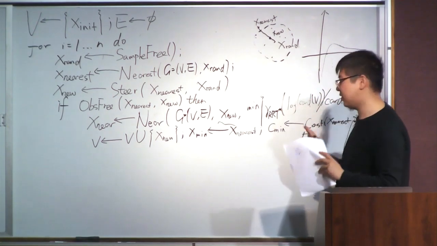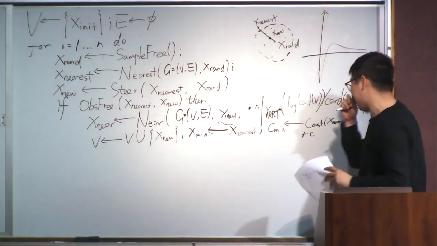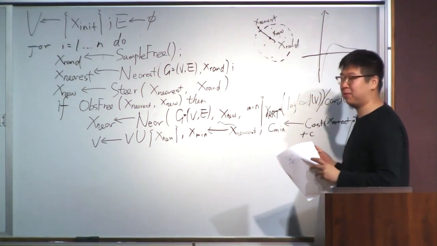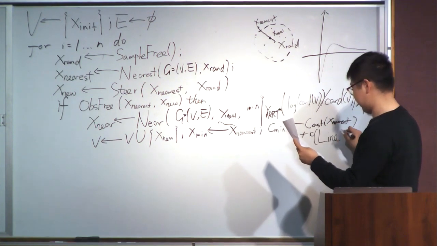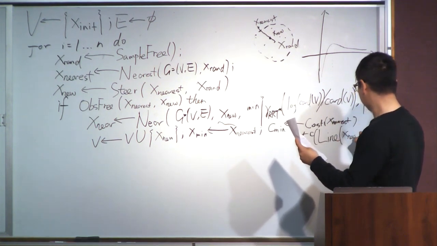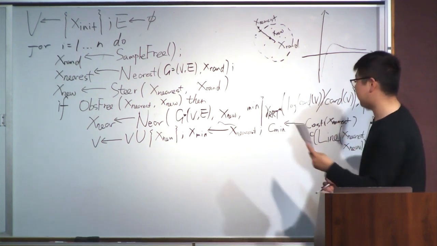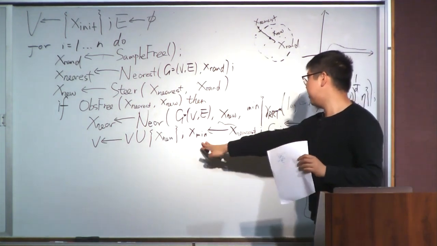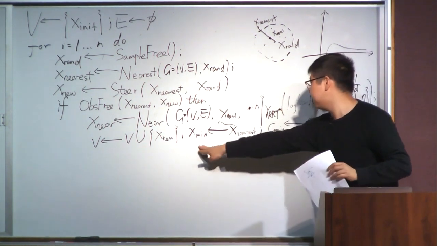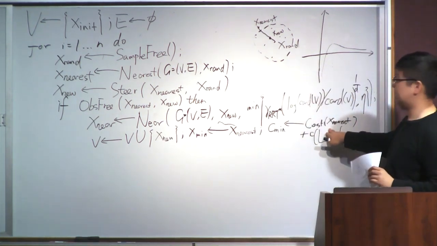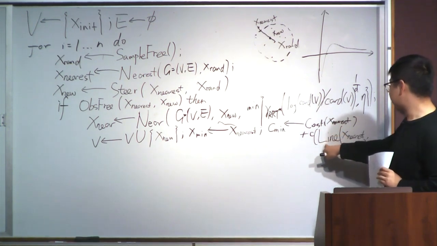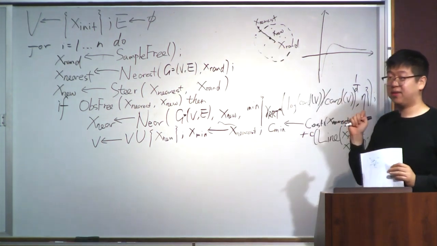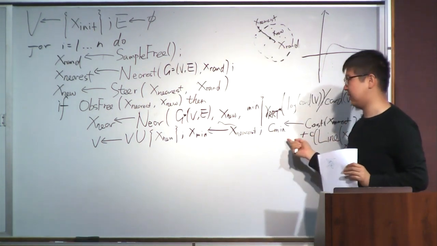If you cannot see this, you can always go online and check the next slide, but I'm writing this because I want to explain it to you step by step. Here we assign x nearest to x min, and we assign c min the cost of x nearest, that is the cost from the starting point to x nearest, plus the cost between x nearest and x new. So this is our minimum cost right now.